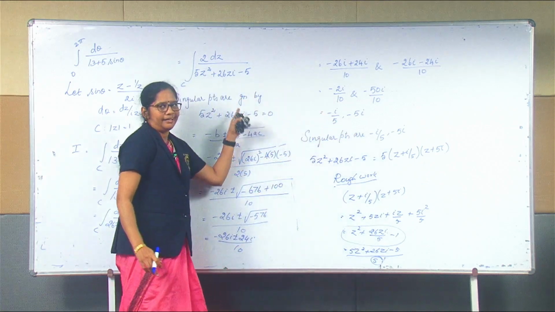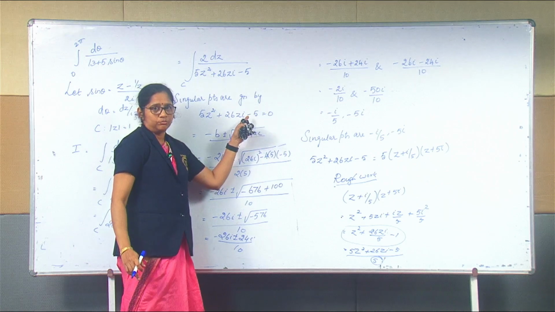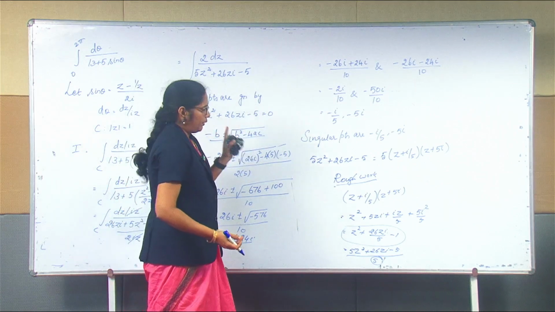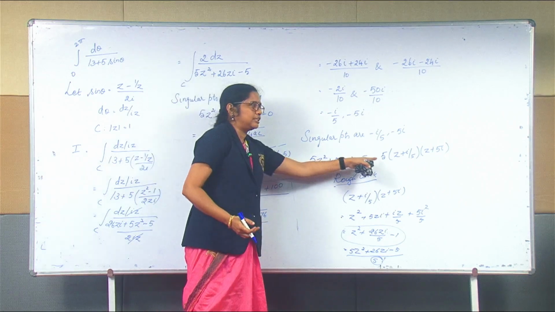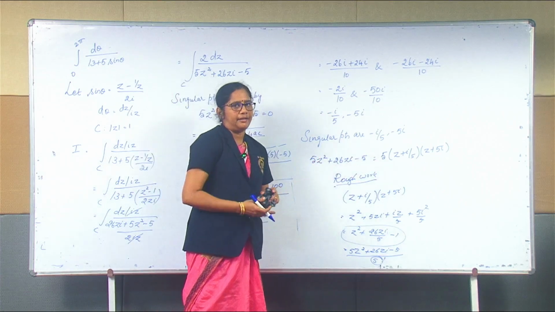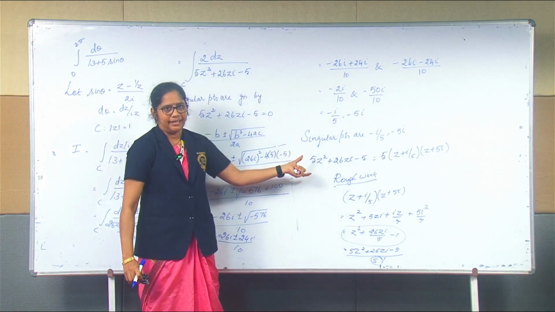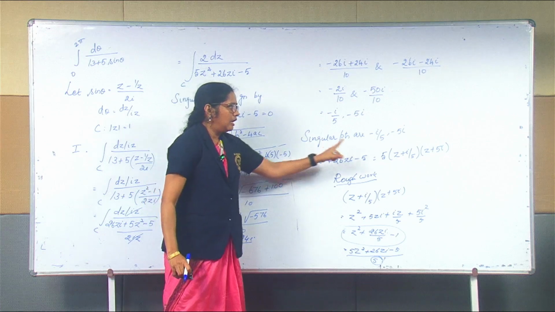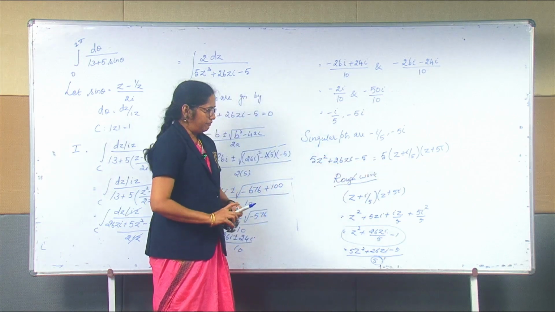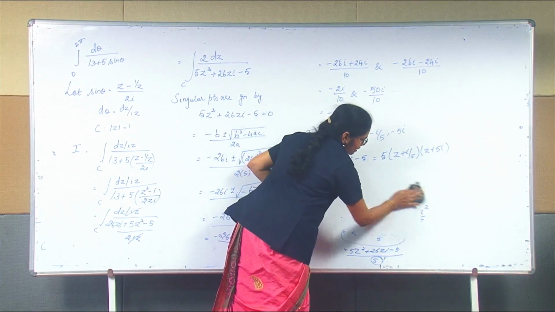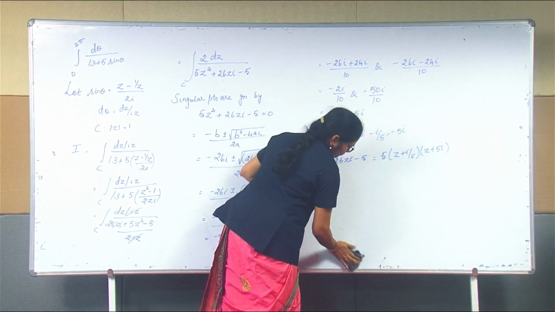Since you are equating the term to 0, 5x equal to 0, of course x is equal to 0. Since this is not equal to 0, we are just rewriting the given term. So when the coefficient of the quadratic term is other than 1, that term should come in front. Make a note of it here.